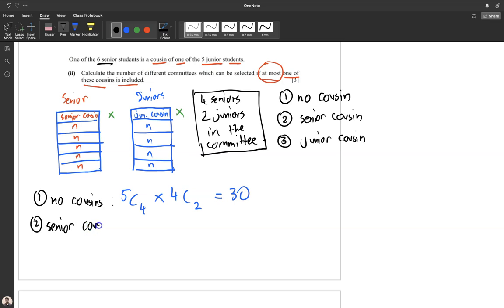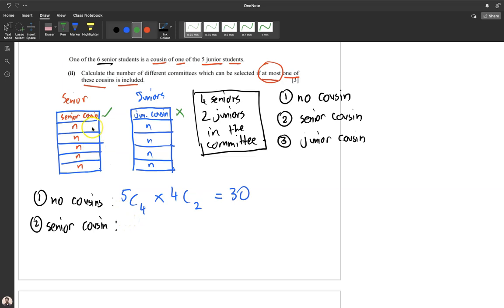Now in my second situation, I must have a senior cousin. When I have a senior cousin, I must include him. So let's assume that I've already chosen him because he must be included. What happens?